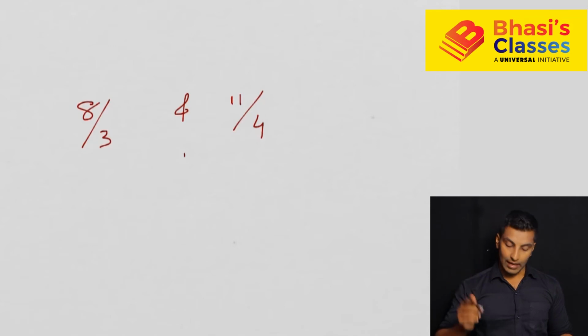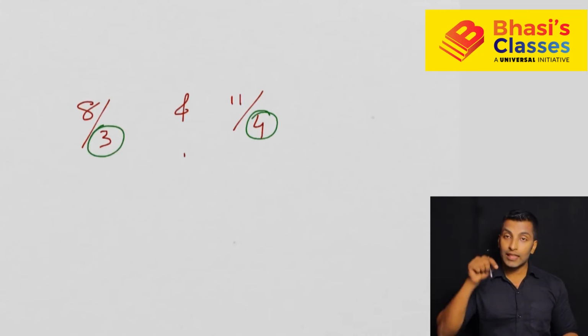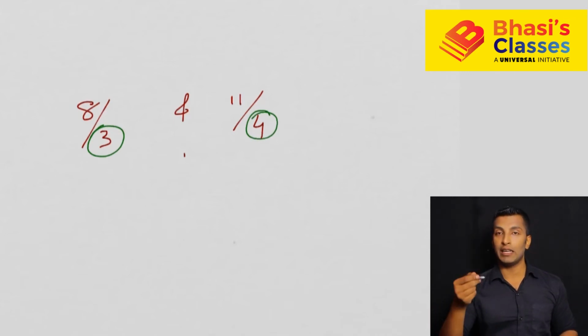So rather than doing that, what we can do here is either you make this denominator 4 as 3 by dividing 4 by the required value, then make the necessary change in the numerator, or you can convert this 3 as 4. Then you'll have to multiply 3 with something so that you get 4. Then the advantage is both denominators will be the same, and you see what the numerator is.